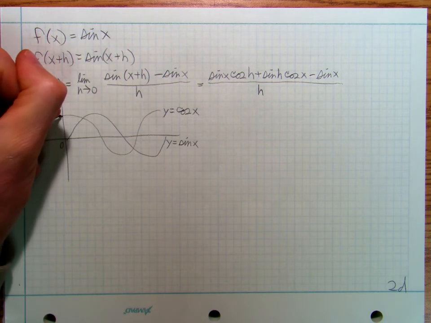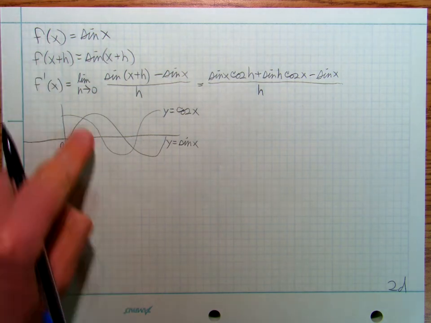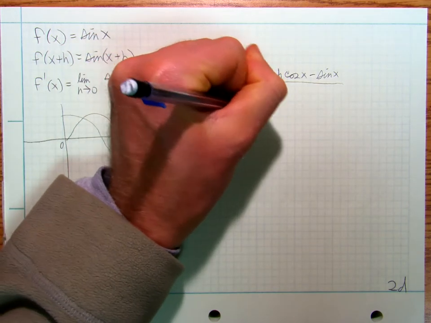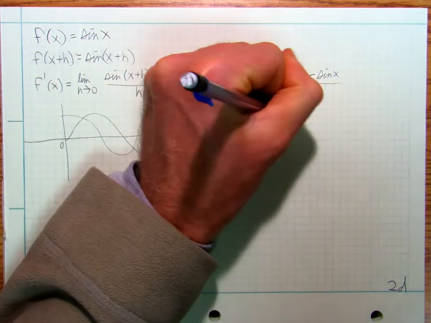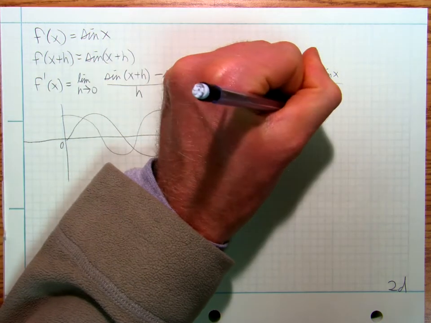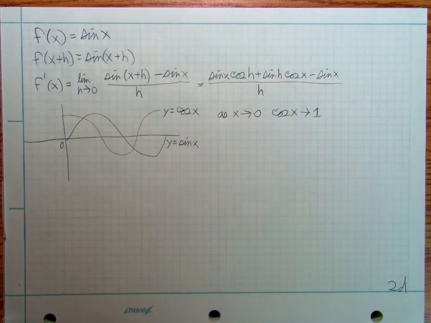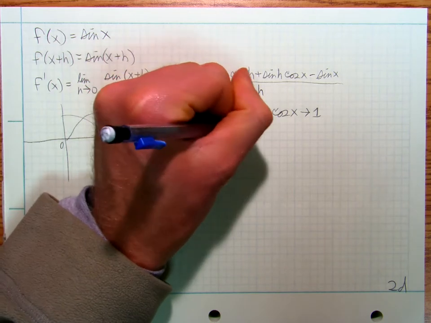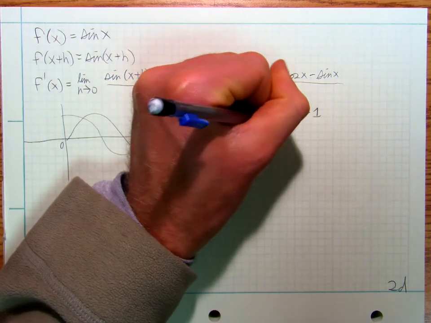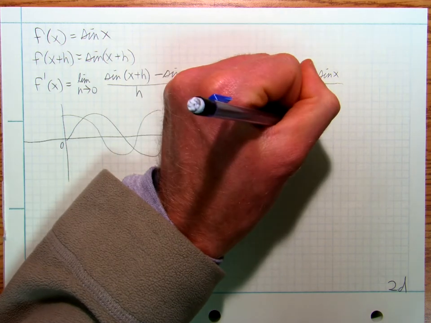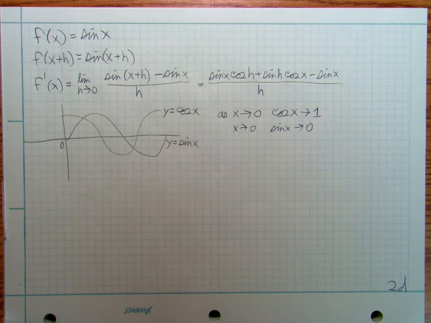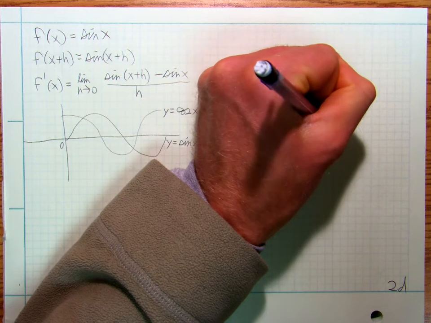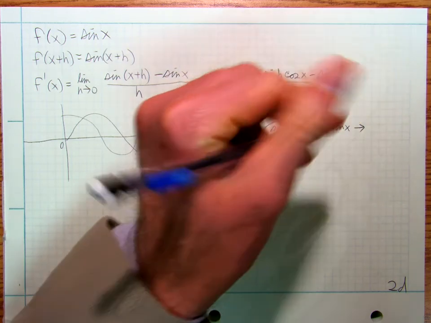Now, what we determine from this is that as x goes to 0, cosine x goes to 1, and then you're going to say, aha, and as x goes to 0, sine of x goes to 0, but that's not what I want to say. What I want to say is that sine of x goes to x.